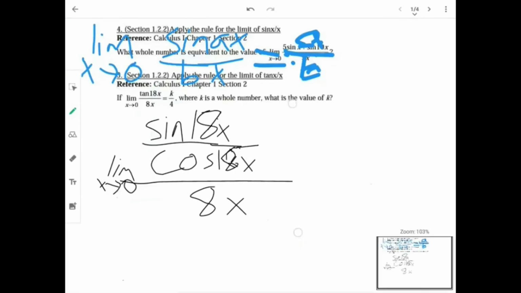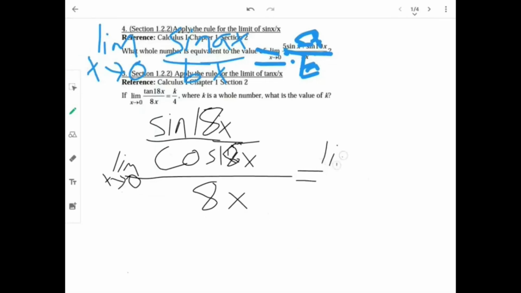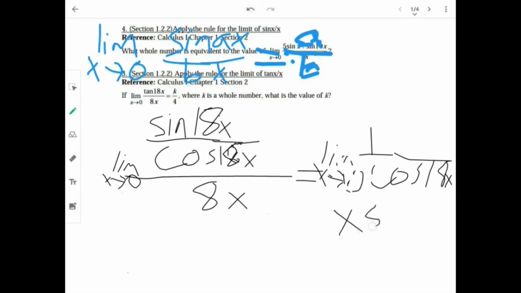So cosine, we can take it down, so it will be the limit as x approaches 0 of 1 over cos 18x, multiplied by sin 18x over 8x.